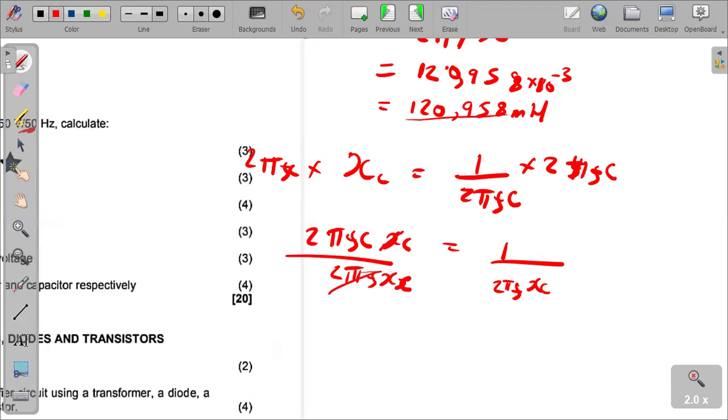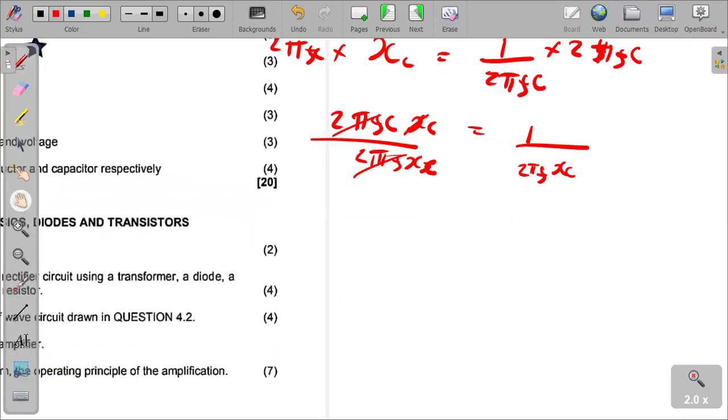So these cancel each other. We are left with C is equal to 1 over 2 pi multiplied by FXC, right? So hence it becomes possible now to find C.